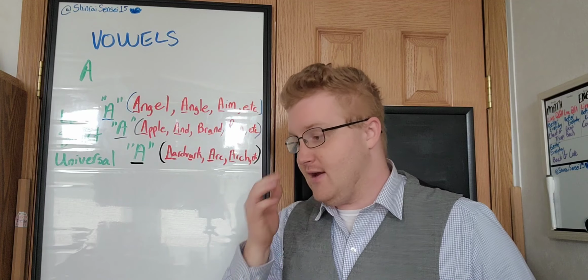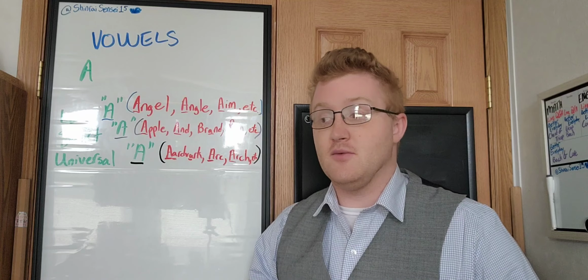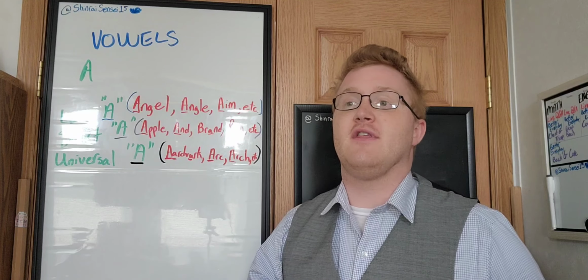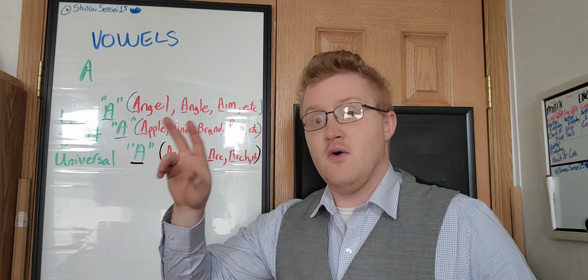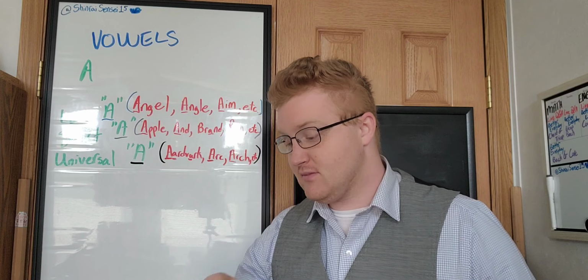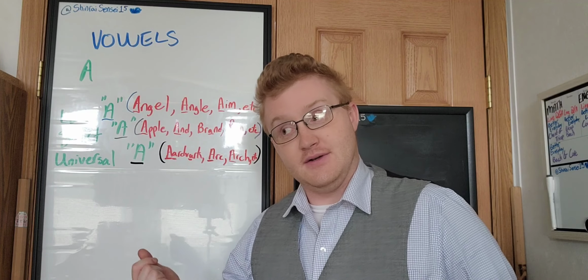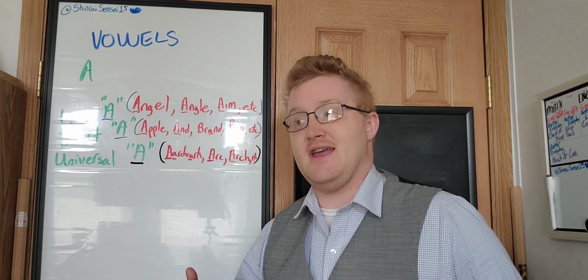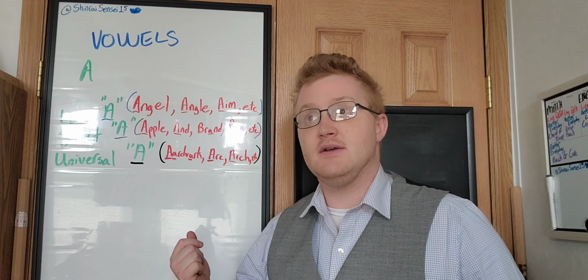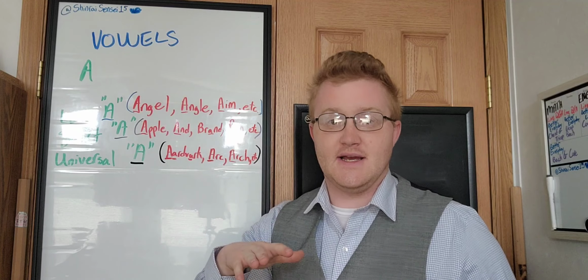And then the universal A, once again, that sound is more of an ah sound, which typically in English you would hear with either the letter A or the letter O. There are only two letters in English that sound like ah, and contrary to most languages, where the letter A makes that sound, in English we also have the letter O makes that sound.